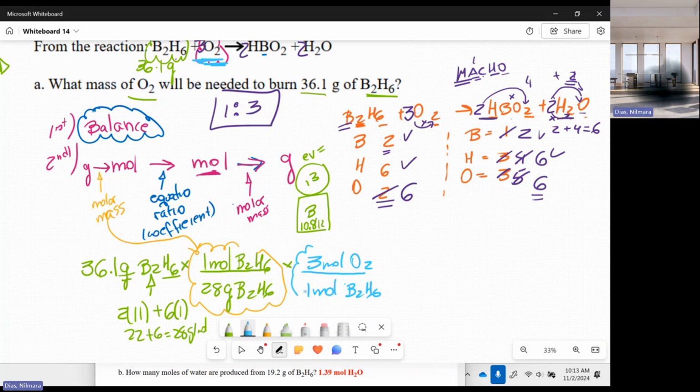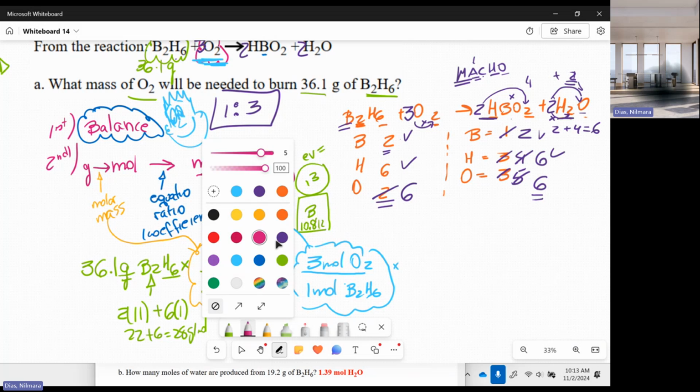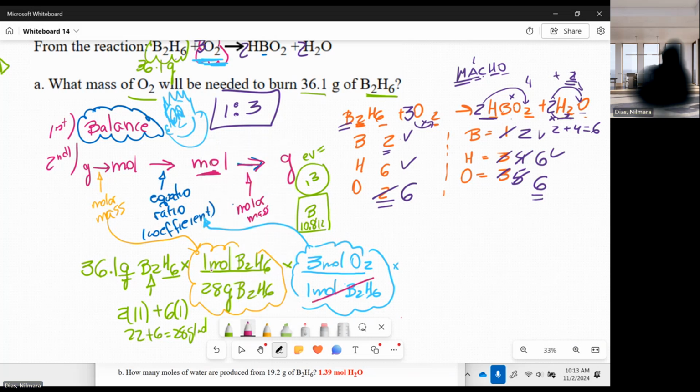This is what I told you, to look at the reaction to see if it is balanced. Now I can cut grams with grams, and now I have moles.